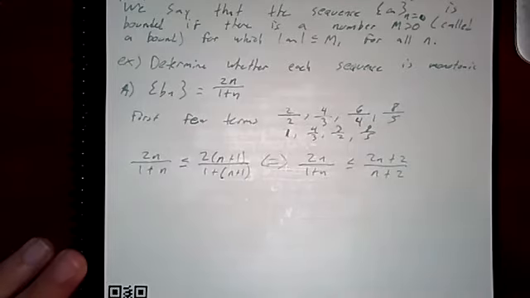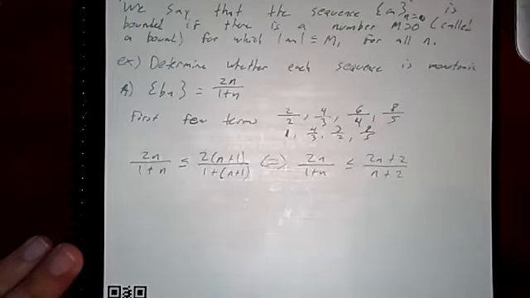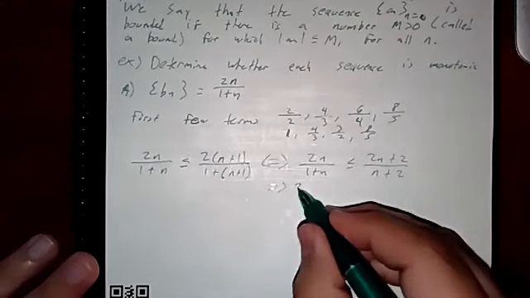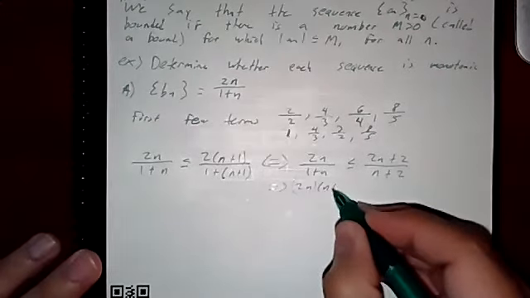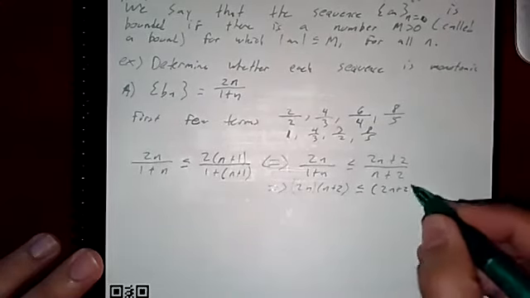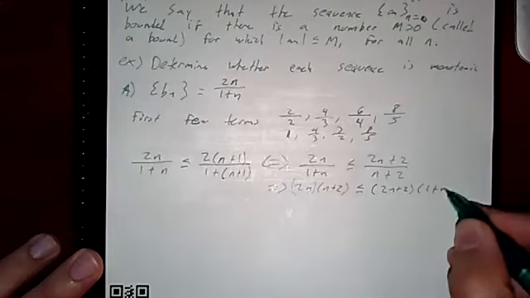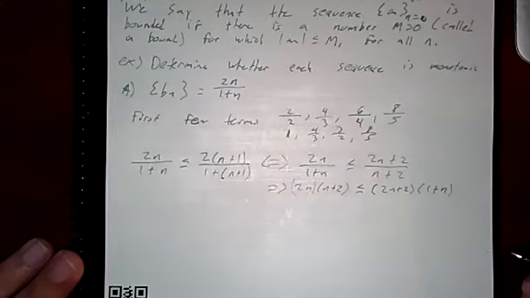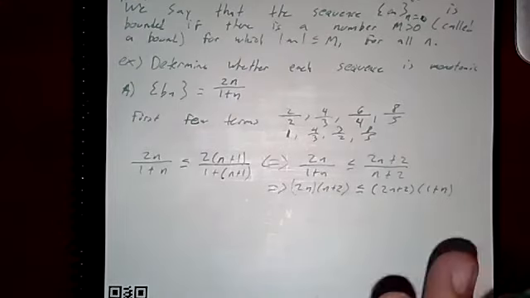Now, if I were to get rid of these fractions, I could say that this is 2n times n plus 2 less than or equal to 2n plus 2 times 1 plus n, right? If I do a cross multiplication, right? Or just cancel the fraction, however you want to think about it.